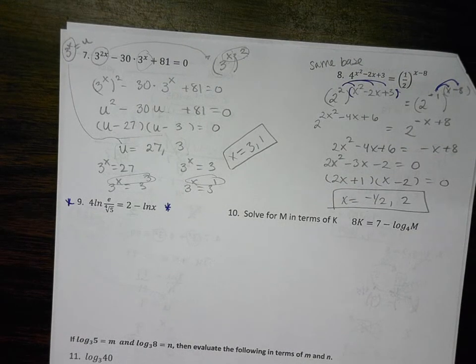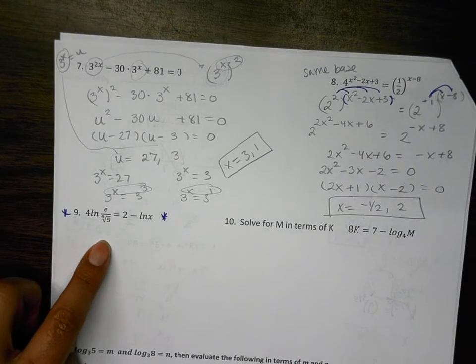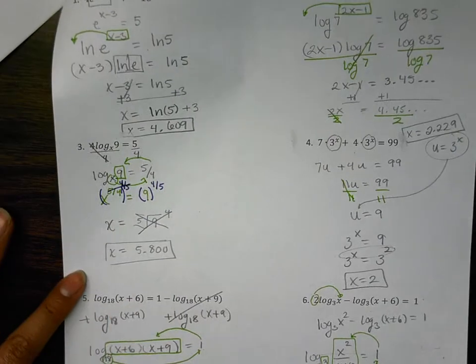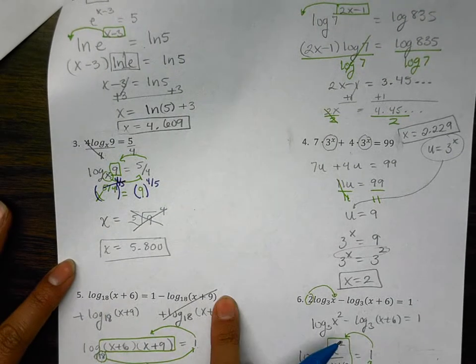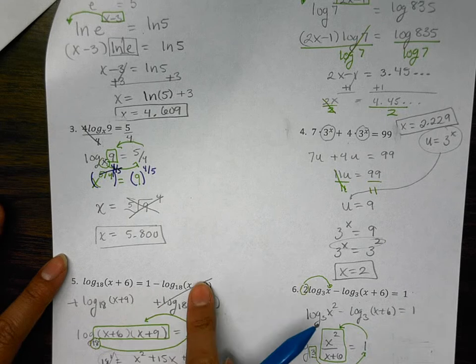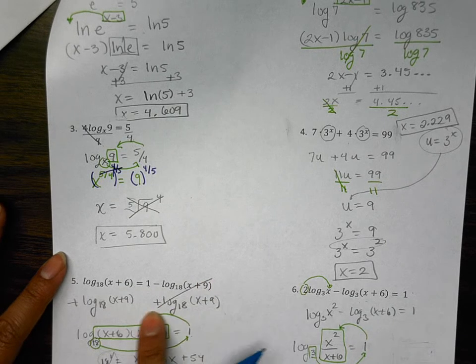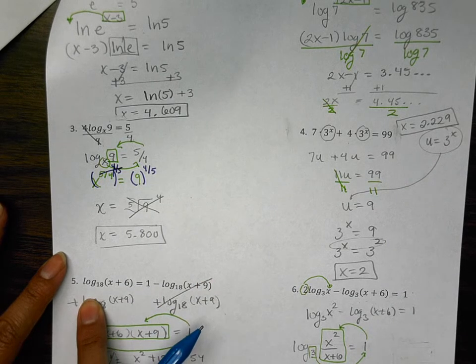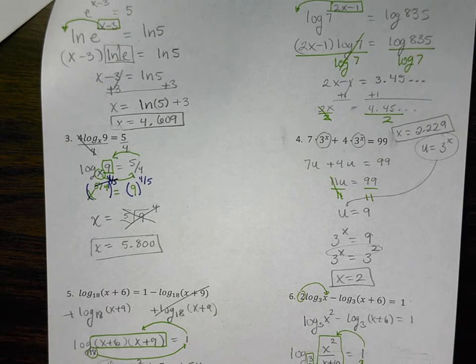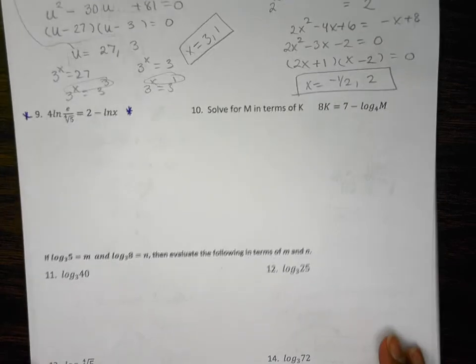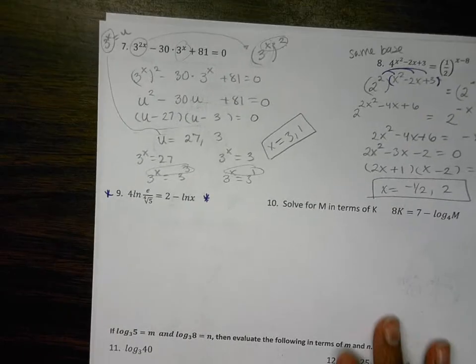This problem looks a lot like this one here. There was a log on each side, there was a number there in front, and what did we do with this log to get it to the other side? We added it over, correct? Okay, now I'm going to add it over. Add the ln of x.